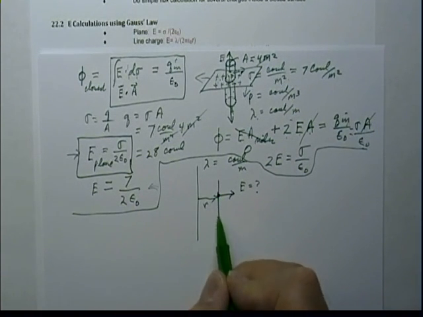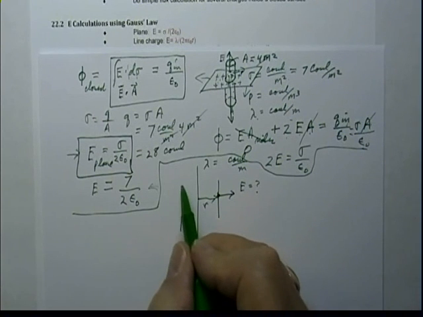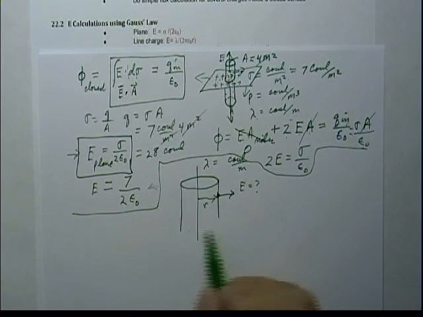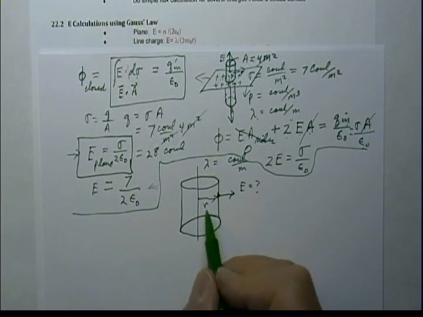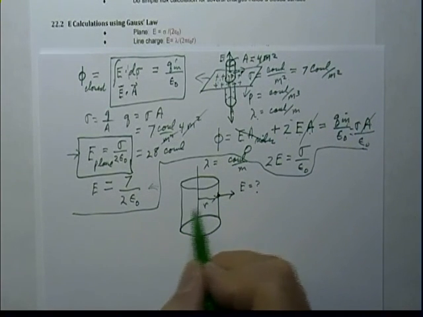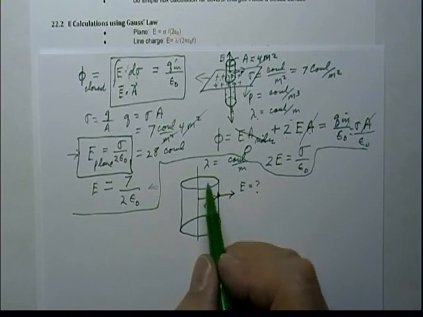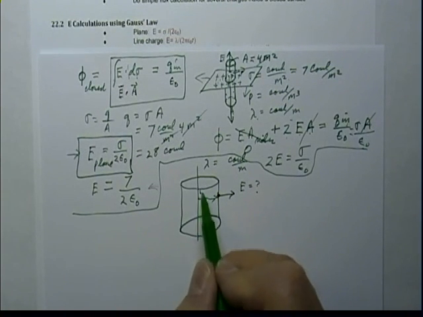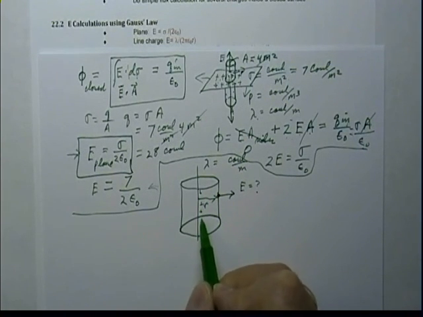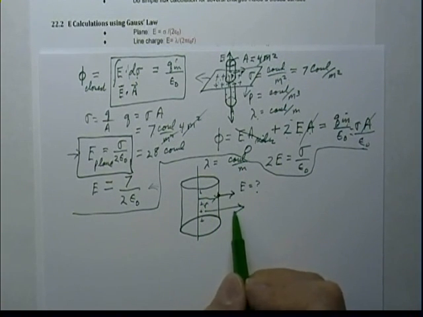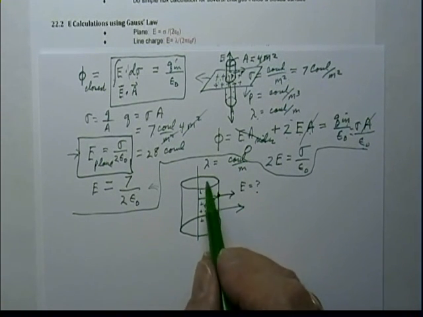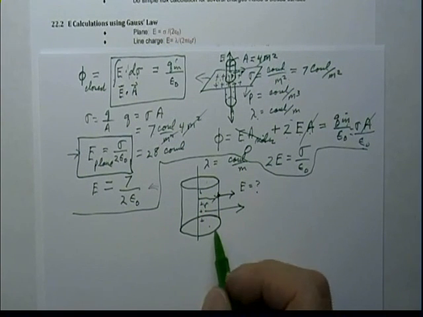Well, I'm going to make again a cylinder of radius r, and now you can see this has a radius r. You can see that if I put a positive charge or a negative charge on this line, the electric field is going to go straight out, and therefore I don't have to worry about the top or the bottom areas.